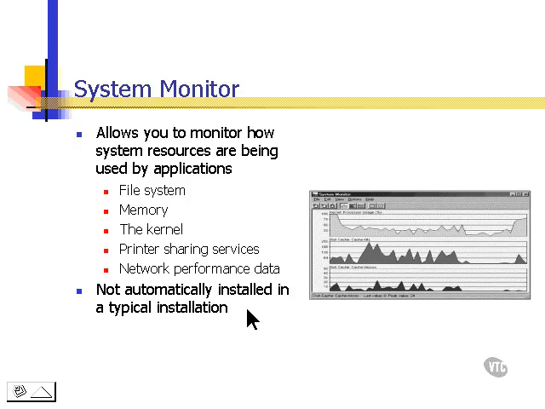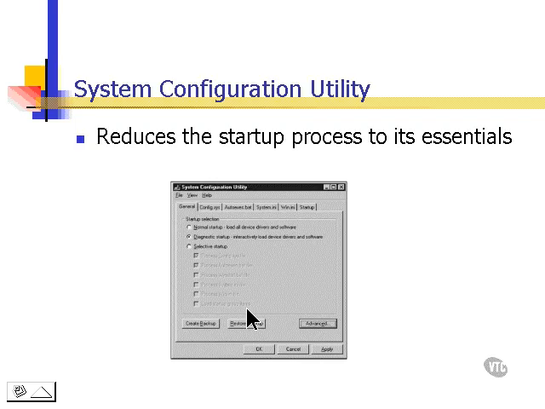Another tool that will not be installed in a typical installation, but can be installed, is System Configuration Utility. This reduces the startup process to its essentials. In other words, we can use the System Configuration Utility to decide whether to run config.sys files or autoexec.bat files, or even pieces or parts of these configuration files.